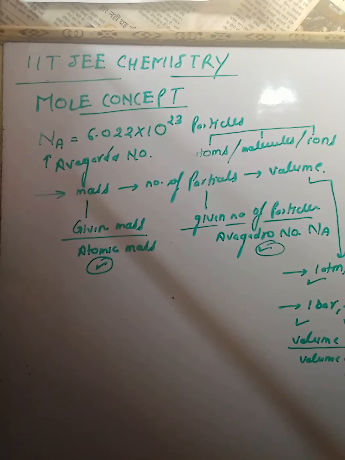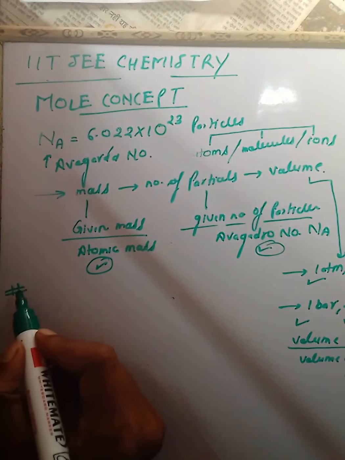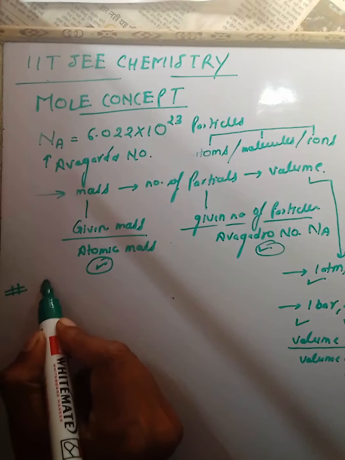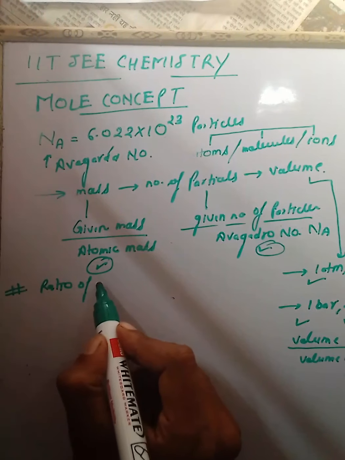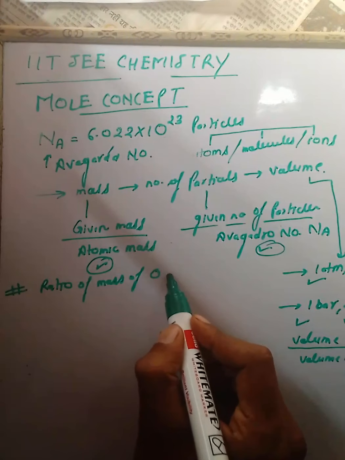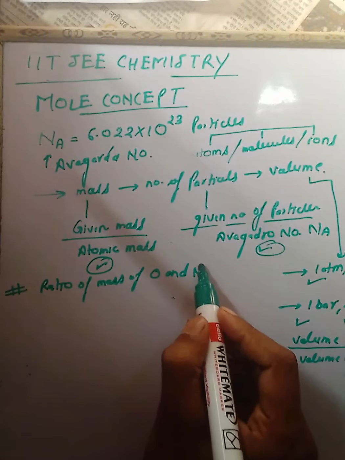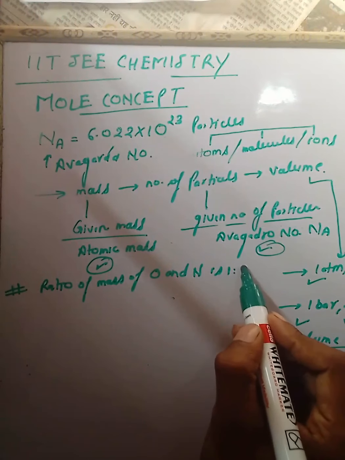So now we will see one IIT JEE problem. The problem is: the ratio of mass of oxygen and nitrogen is 1:4.